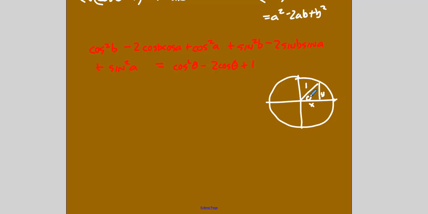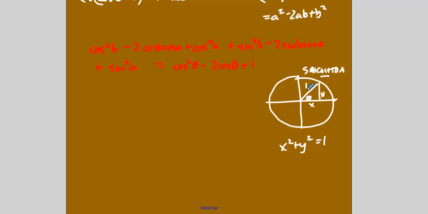Okay, so this is angle theta. Again, so notice that by the Pythagorean theorem, x squared plus y squared equals 1 squared, which is 1. But from basic trig of SOHCAHTOA, cosine is adjacent over hypotenuse.